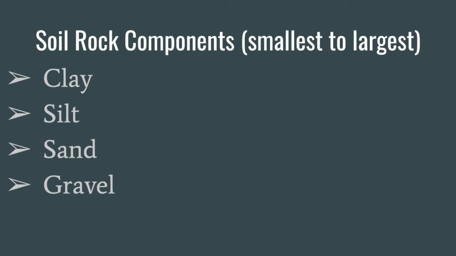There's silt, which is smaller than sand, and sand is pretty small. Another component is sand. Sand is a small part of soil. And then the largest soil rock component is gravel, which are little pieces of rocks.